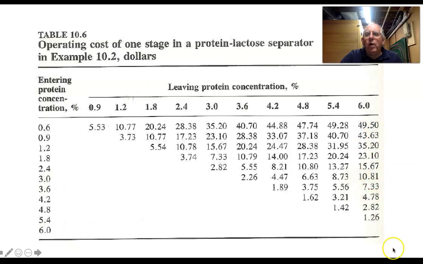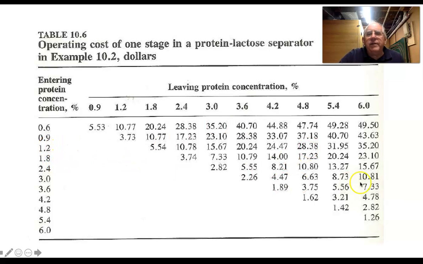Now, why only 1.8? Well, one of the constraints in this particular problem is that one has to use all 4 separators. And so the only possibility of coming in to that last stage is 1.8, if the other 3 stages are just taking it 0.6 to 0.9, 0.9 to 1.2, and 1.2 to 1.8.